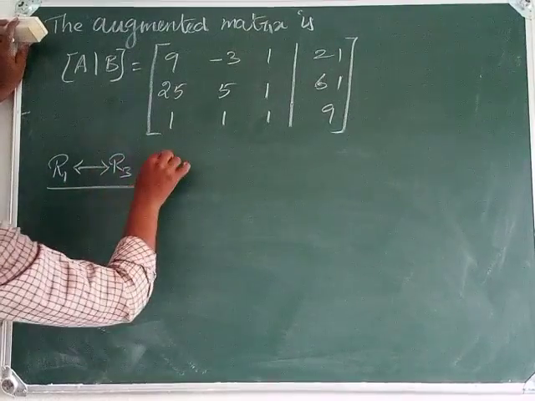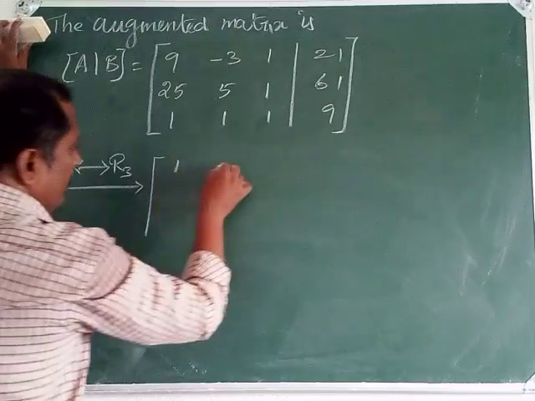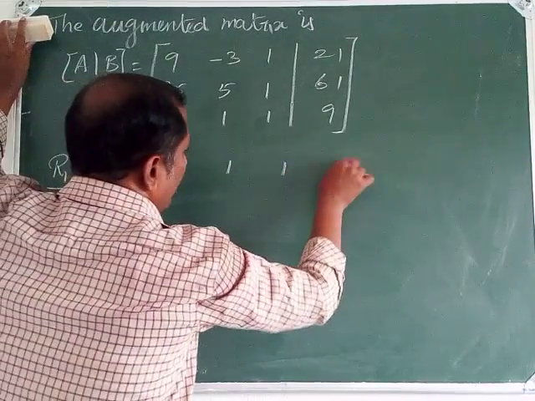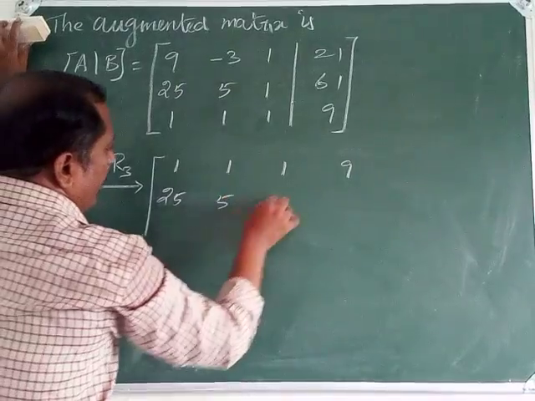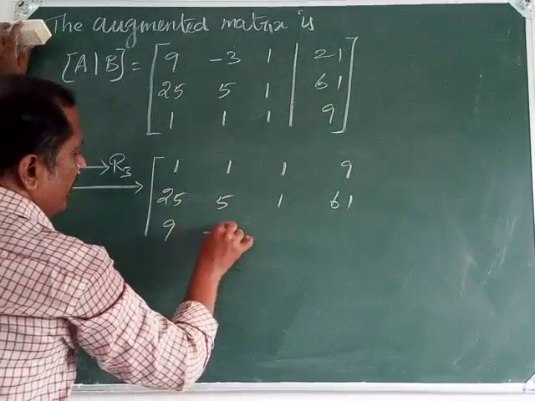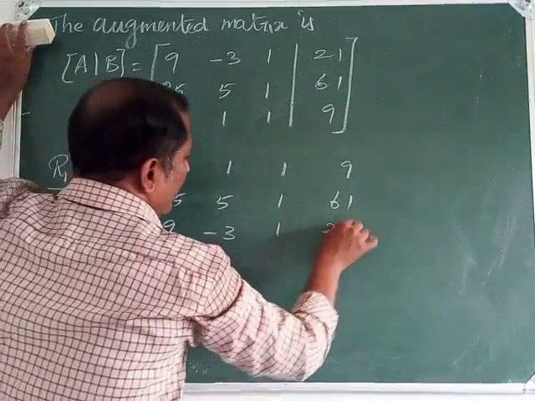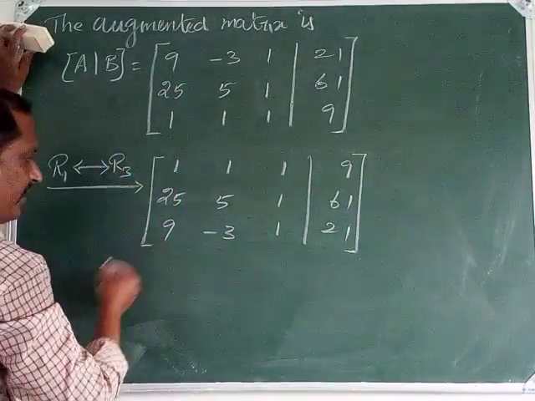Interchanging, we get 1, 1, 1, 9. Second row the same elements, 25, 5, 1, 61. Third row is 9, minus 3, 1, 21. And then you have to solve it.